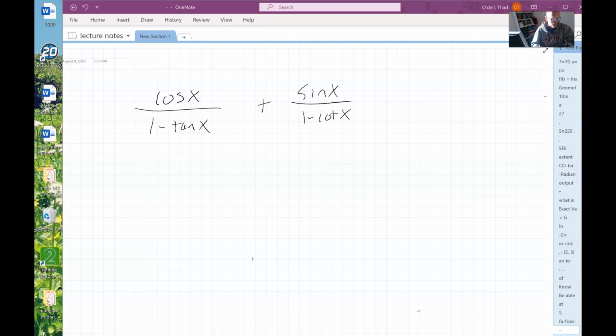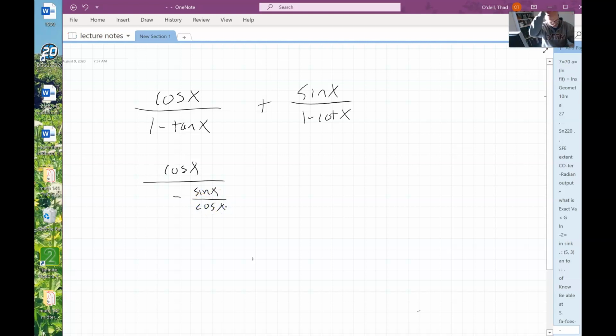So there's a couple different routes you could do here, but I think most people would most likely think of just changing everything to sine and cosine, because that's something we've done a lot. So in this case, this would become cosine x over, now I'm going to change tangent to sine over cosine.